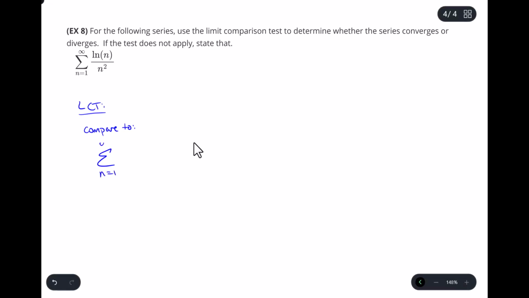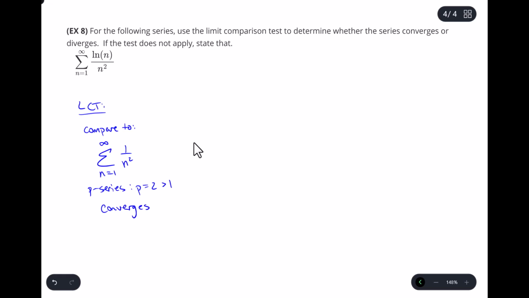So n equals 1 to infinity, 1 over n squared. So that's a p series with p equal to 2. So that's greater than 1, so therefore this converges.